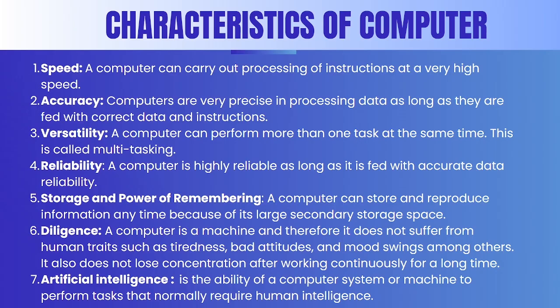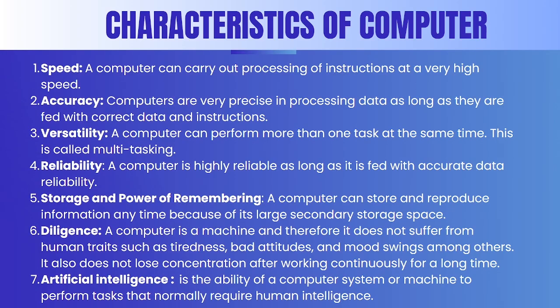Number 4. Reliability. A computer is highly reliable as long as it is fed with accurate data. Number 5. Storage and power of remembering. Computers can store and reproduce information anytime because of their large secondary storage space.